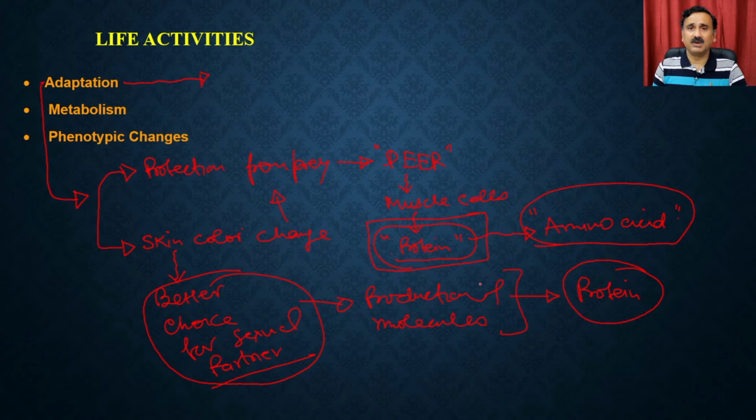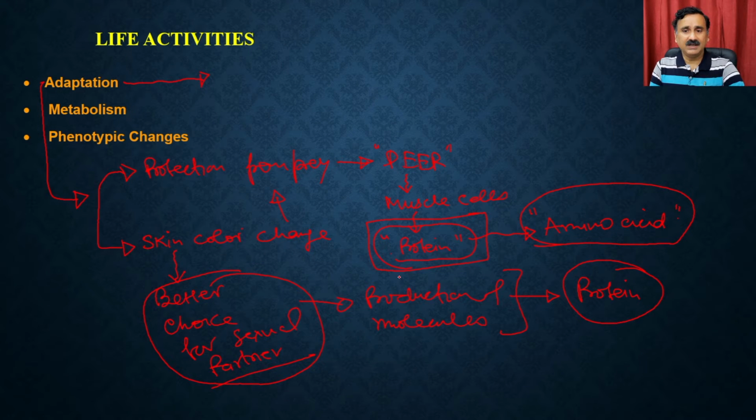Remember, when we were discussing proteins, we said that the protein is a polymer of amino acids, where the amino acids are combined to each other by a peptide bond, and these amino acids have to be put in a systematic sequence, which is going to define the secondary structures, and then these secondary structures are going to define the tertiary structures, and the tertiary structure is eventually going to define the function of that particular protein.